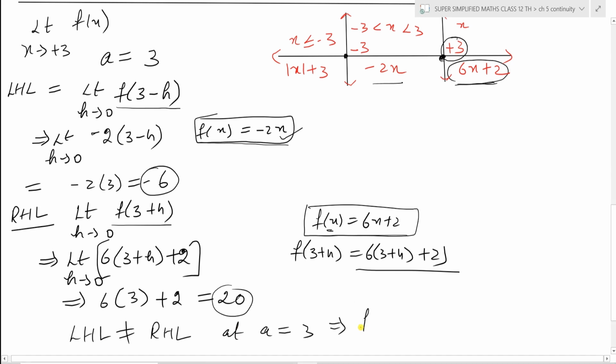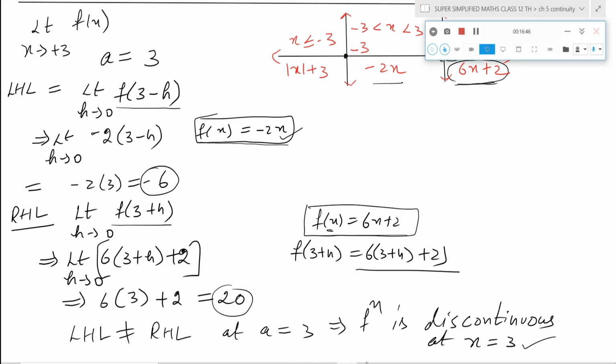This implies the function is discontinuous at the point x equal to 3. So this is the only point on the whole real line, x equal to 3, at which the function is discontinuous. At all the rest of the points the function is continuous.